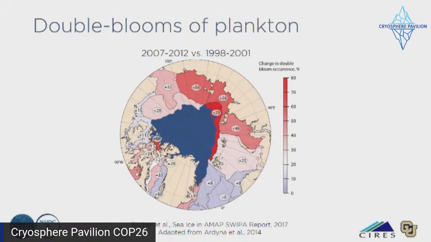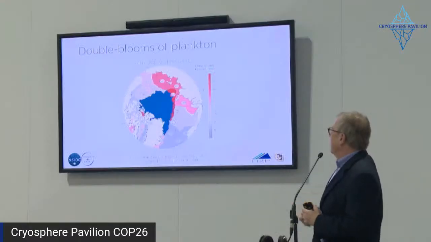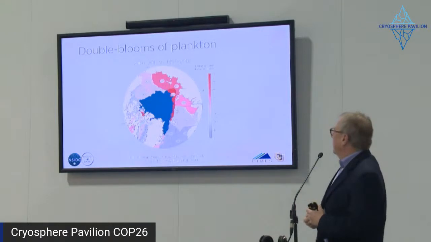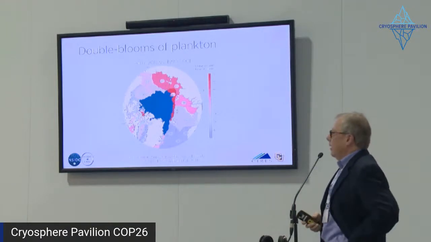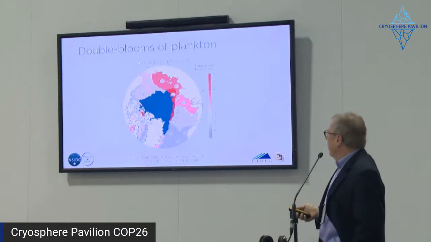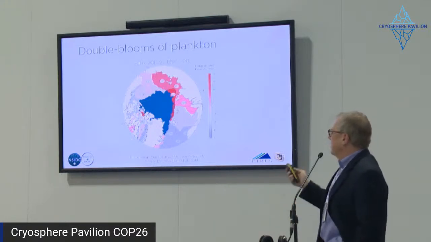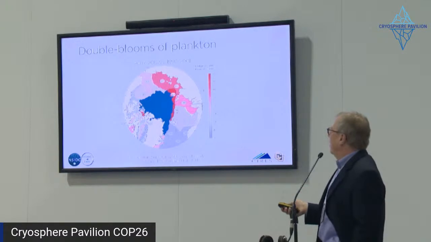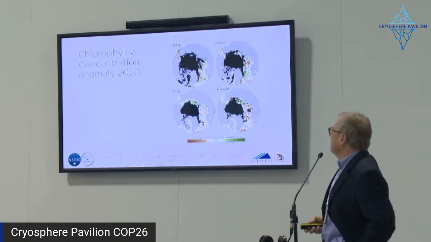And they showed throughout the Arctic increases in what we call double blooms, where you get a second bloom during the season, and particularly even up to 70% higher in some areas, compared to the late 90s, early 2000s. So we're seeing increases in plankton activity, algae activity.